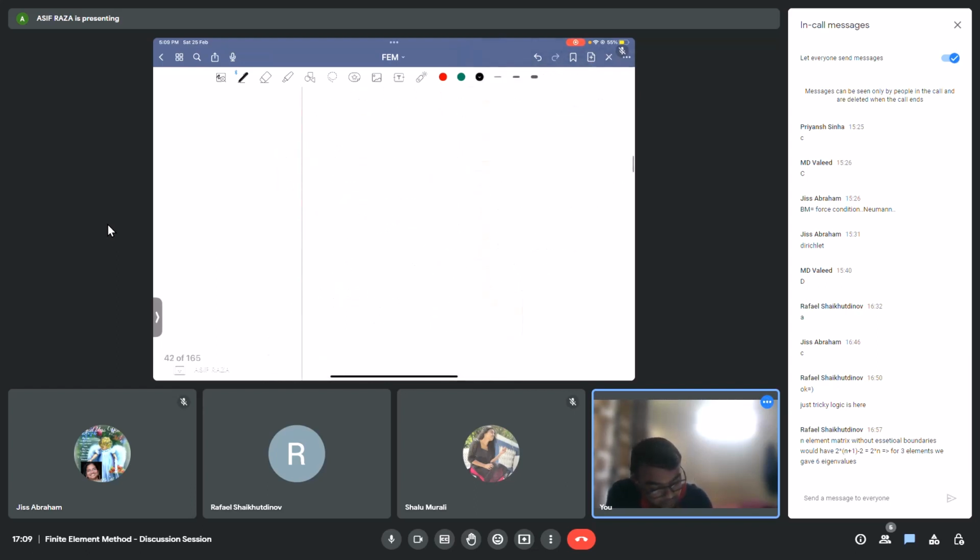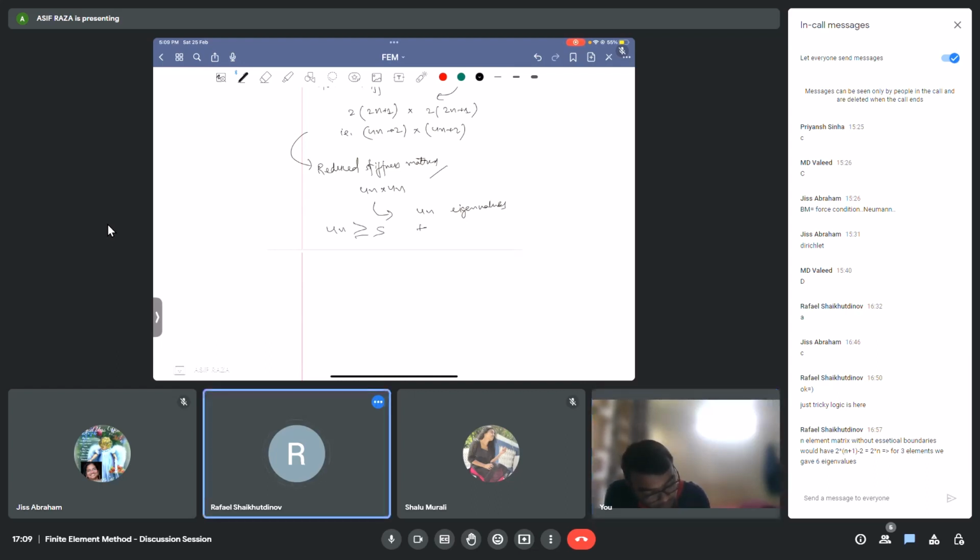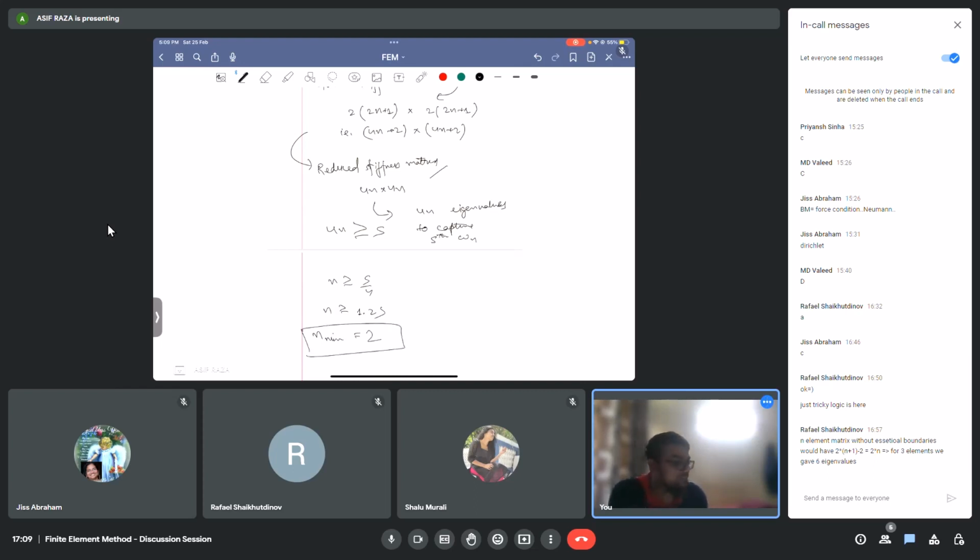And this will give me 4n eigenvalues, and 4n must be greater than or equal to 5 to capture my fifth omega n. So n must be greater than or equal to 5 by 4, that is n must be greater than or equal to 1.25. So n minimum should be 2. I hope this clarifies your doubt.